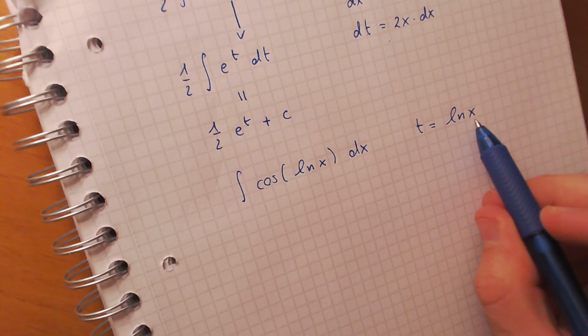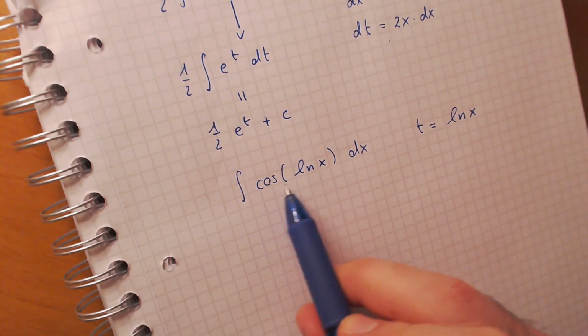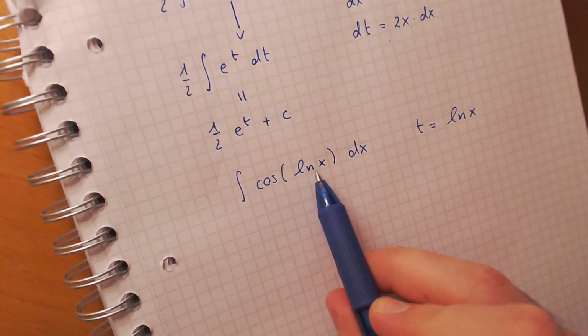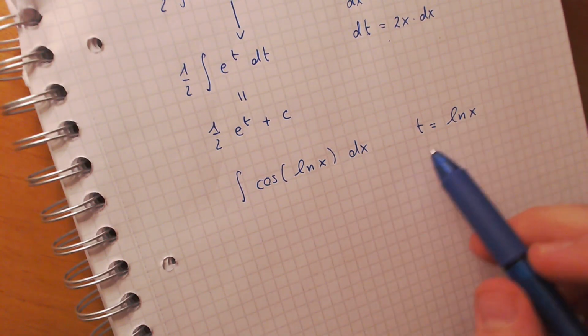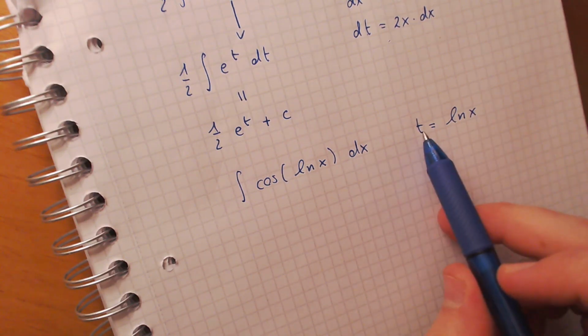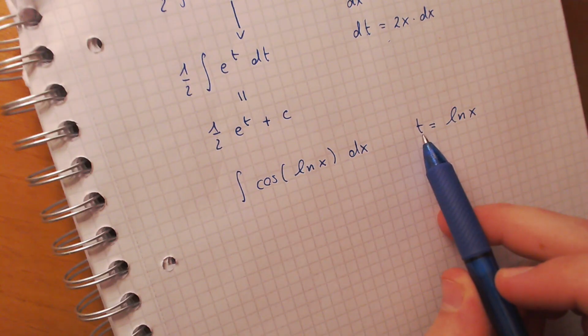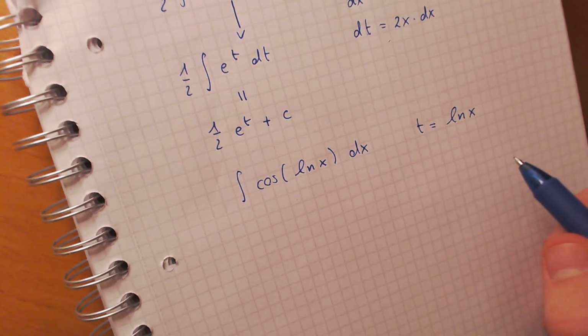Okay, so by considering this integration, here we will get the cosine of t, but now, as we did in the first integral, we have to consider also the derivative of the new variable with respect to x, so with respect to the old variable.